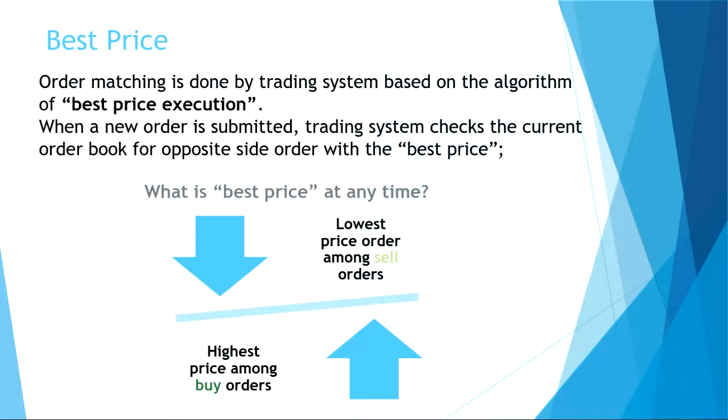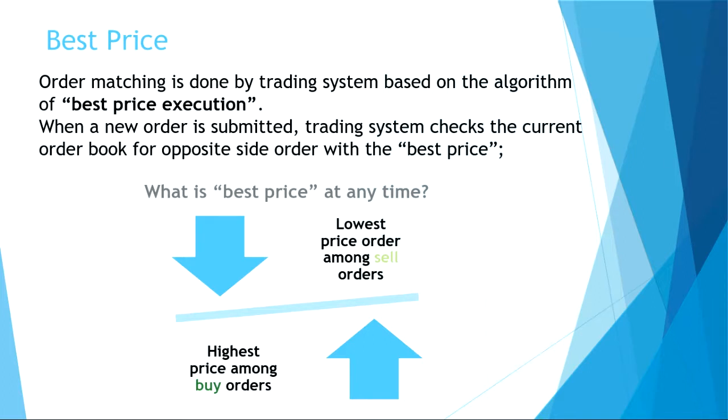So okay, what's the best price? As I told you, orders are matched by the best price algorithm, right? When a new order is submitted, the system checks it against the best price. The best price is the highest price among the buy orders, and the lowest price among the sell orders, right?